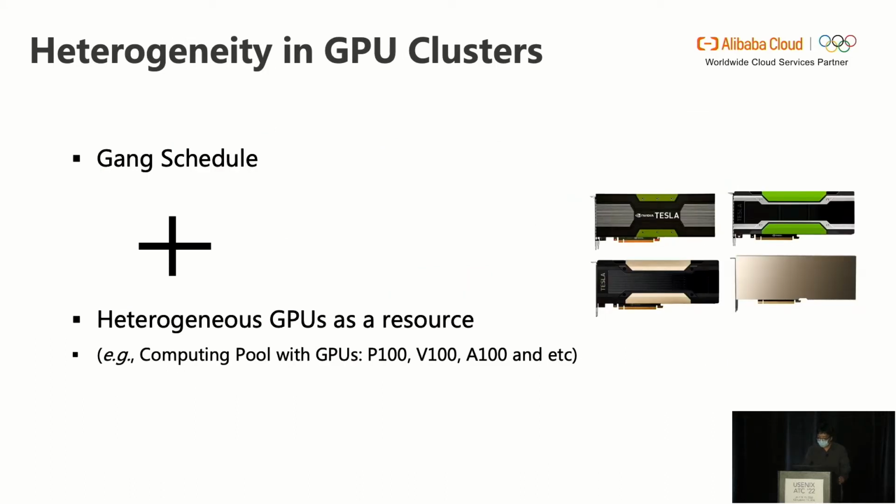Training of giant model requires huge computing resources. In industry, the scheduling of 100 homogeneous high-end GPUs usually requires long queuing time due to the Gang schedule. In such a scenario, heterogeneous GPUs can be obtained much easier as a computing pool. For example, a pool of P100, V100, A100, this kind of mixed pool.